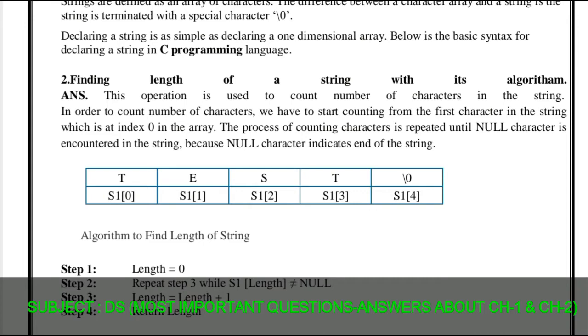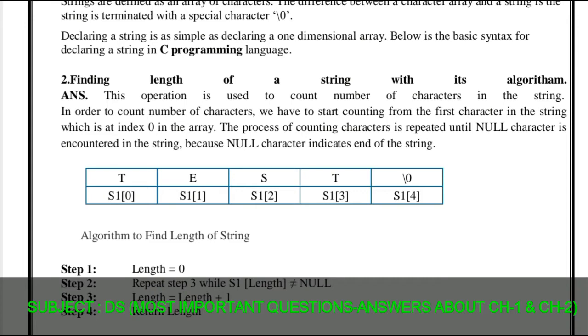So here test is nothing but our string. Now let's start counting from the first character of the string. Whenever we start counting, the first character must be counted with index 0.